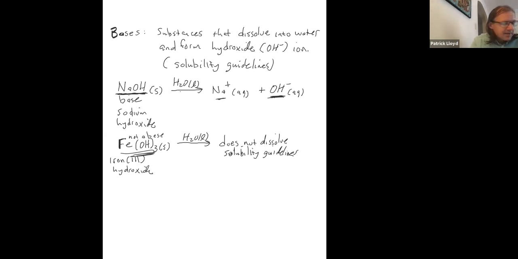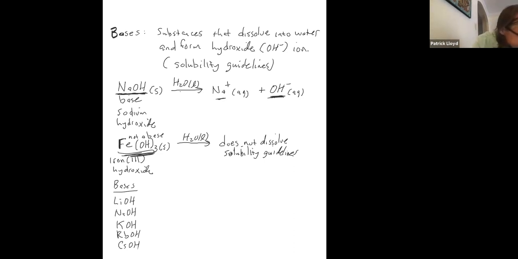Okay. So which ones are bases? It really just comes down to the solubility guidelines. The bases are lithium hydroxide, sodium hydroxide, potassium hydroxide, rubidium hydroxide, and cesium hydroxide. Those 5 dissolve into water. And then there's a couple of others.